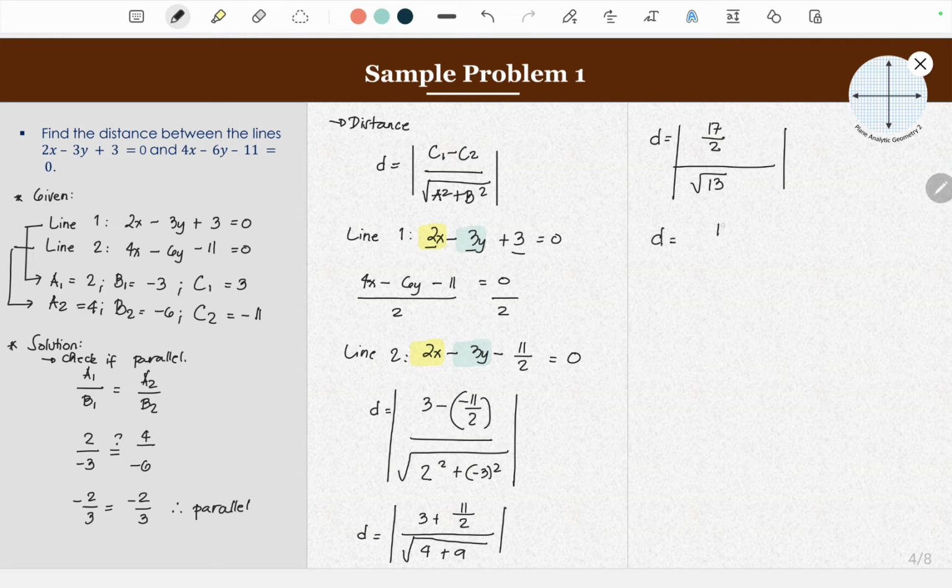So this becomes 17 over 2 square root of 13, absolute value. This is 2.36 units.